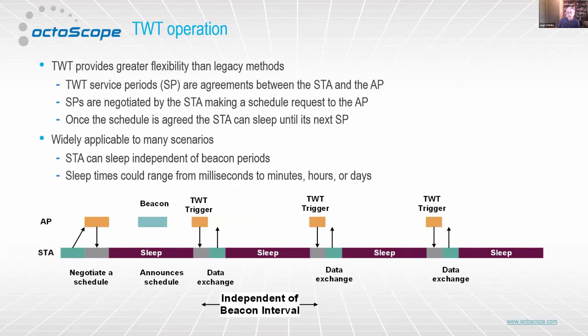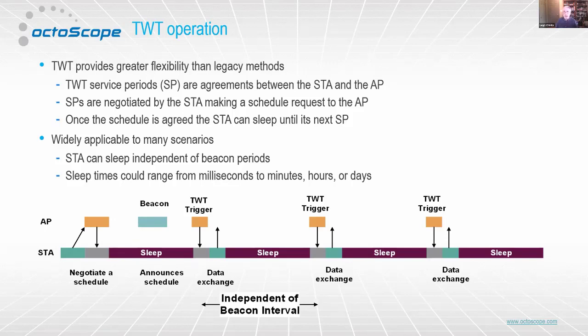So in a picture that looks more like the one we talked about before, what we've got now are the station and the infrastructure essentially negotiating service periods. And once the service period has been negotiated, the station can just go to sleep and it only has to wake up again on its next service period.